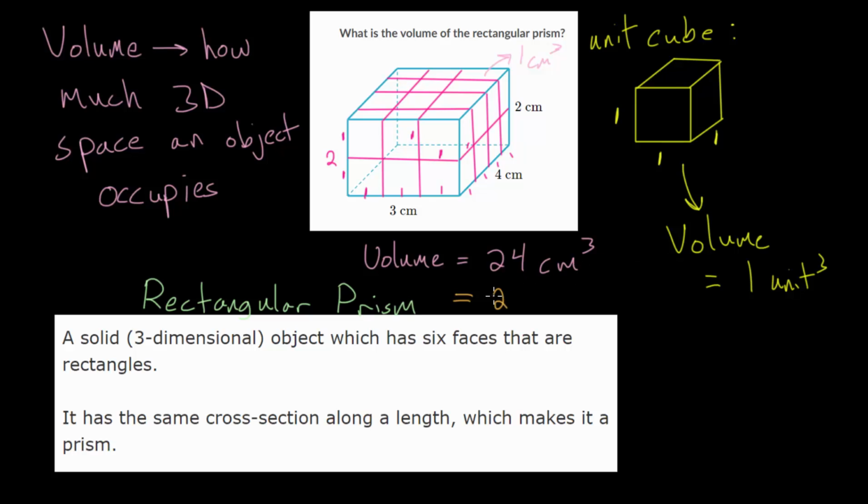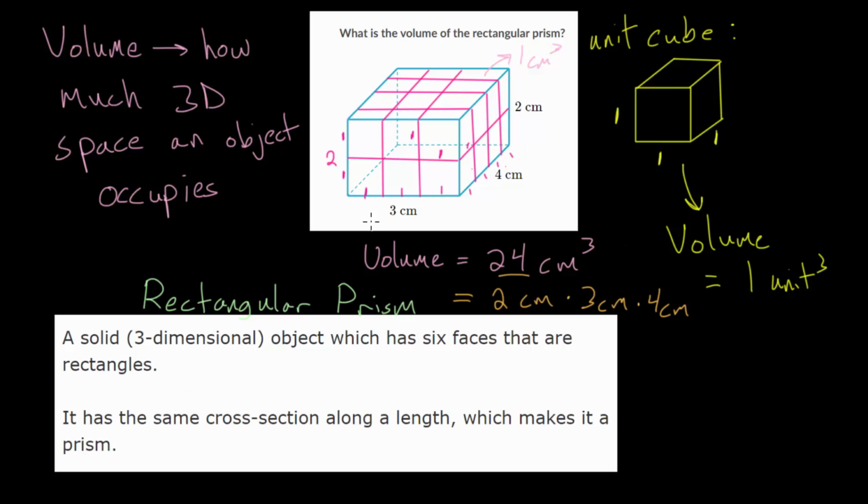We took our 2 centimeter height, we multiplied it, I guess we can call this the width, by the 3 centimeter width, and we multiplied that by this 4 centimeter length. And 2 times 3, that's 6, and 6 times 4, that is 24. So you still get the same answer, but this is the pattern that you want to notice.